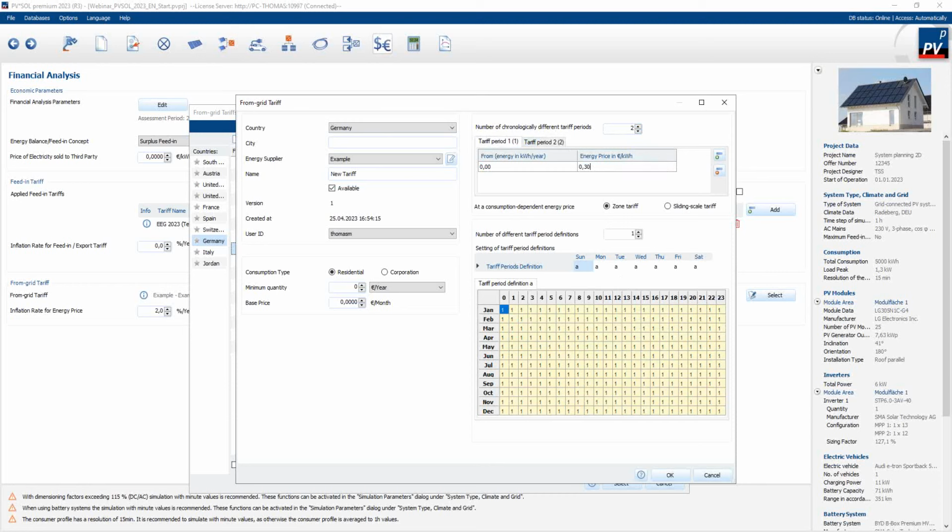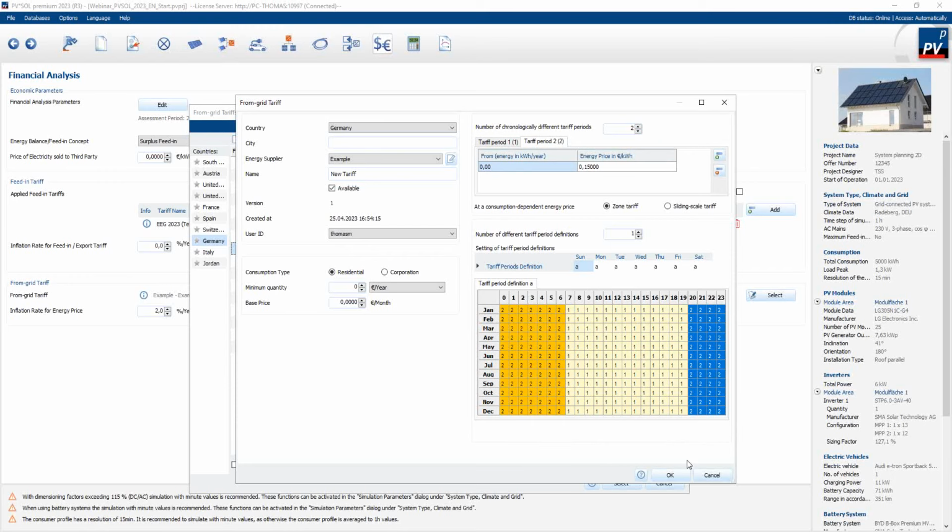And then in the lower part, we can see this matrix for the different months and the hours, and we have to define which tariff is valid. So mark it with your mouse, draw a frame here, right click, and then select tariff period 1 or tariff period 2. I think up to 12 different periods are possible here.